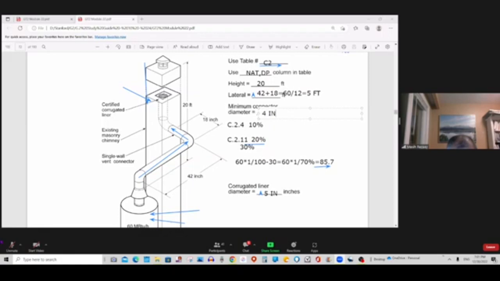We had C.2.4, 10%, and C.2.11, 20%. We had 30% deduction for this vent. So for the capacity, we add 30% to it, so it's going to be 80.7.